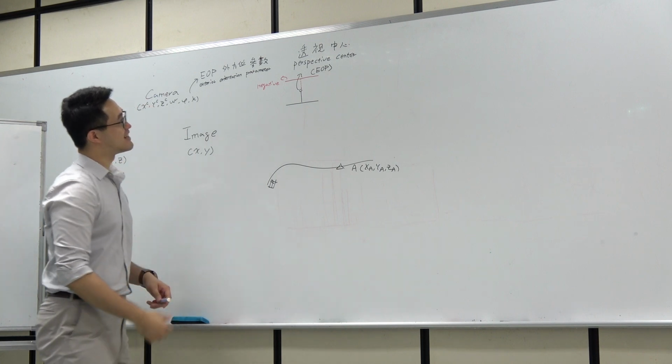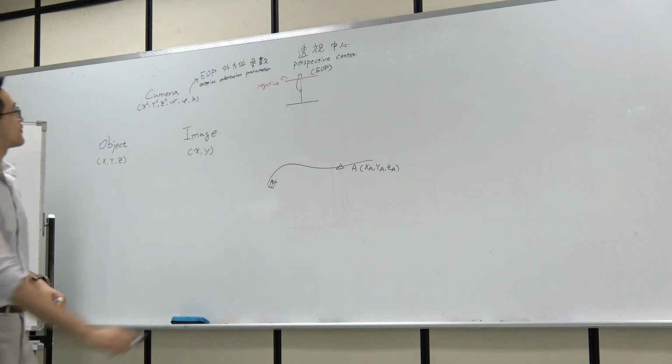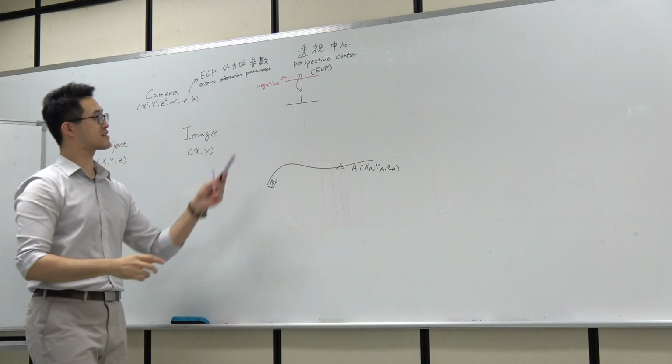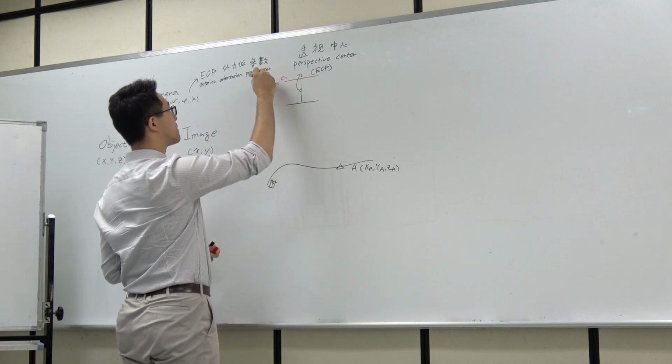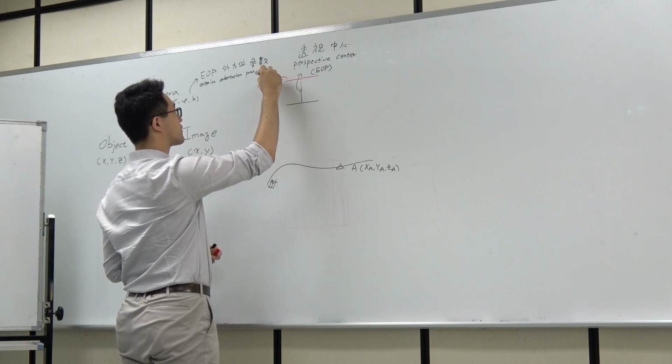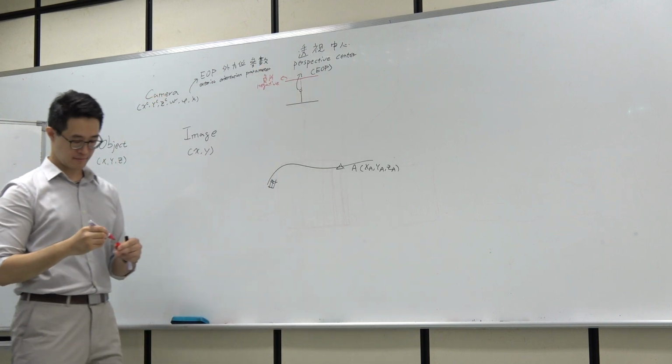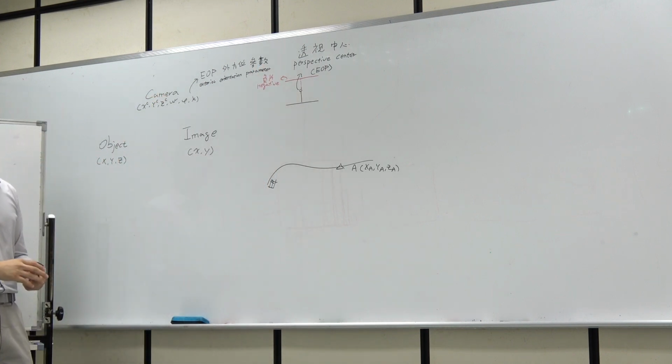Autocorrect, right? Alright, so if your film is over here, that is called negative. In Chinese, it's called 负片. 负片.